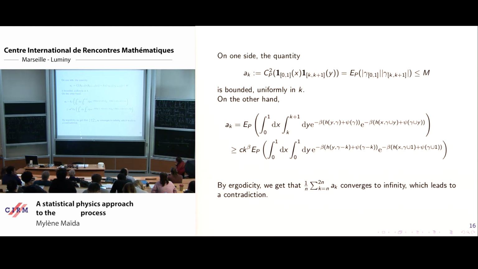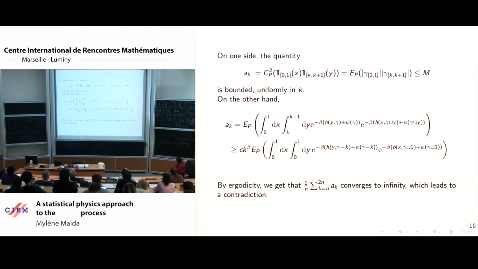So moving a point from, typically, k to 0 will cost you k to the power beta, times something. And so what we can show is that by the ergodic theorem, in fact, the Cesaro mean of this quantity without the k^beta will be bounded.